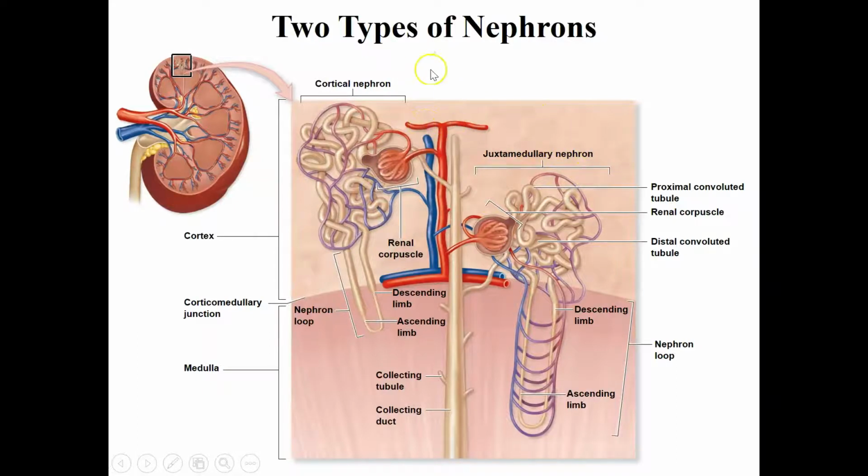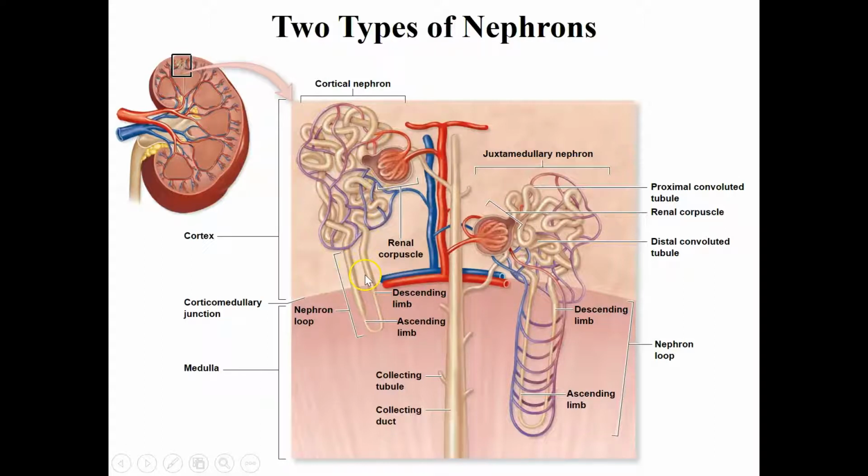Okay, now, a few of the main differences between them I will summarize in this slide and the next couple slides. So one is where they are located in the kidney. The cortical nephrons are mostly in the cortex. So that includes the glomerulus, glomerular capsule, the convoluted tubules.